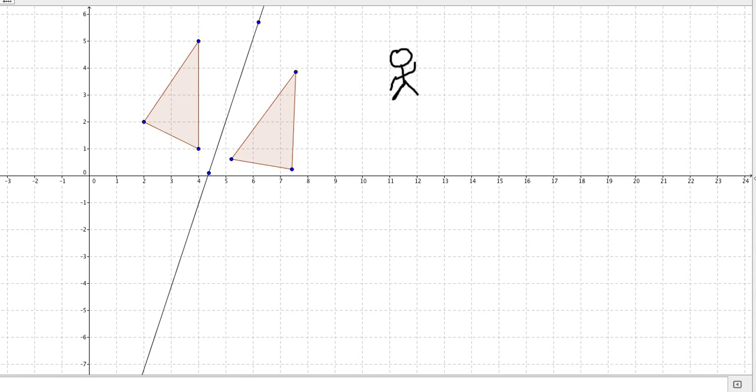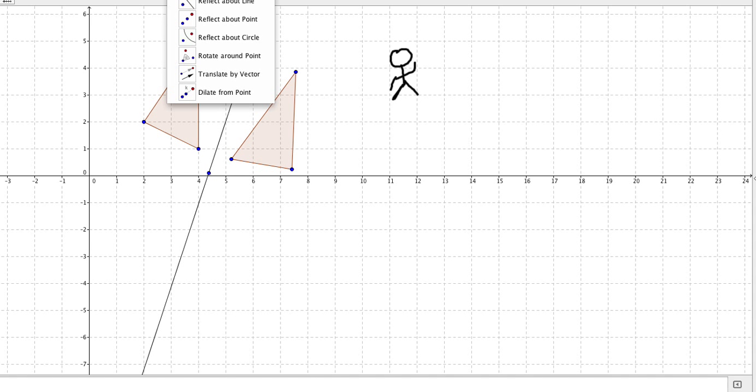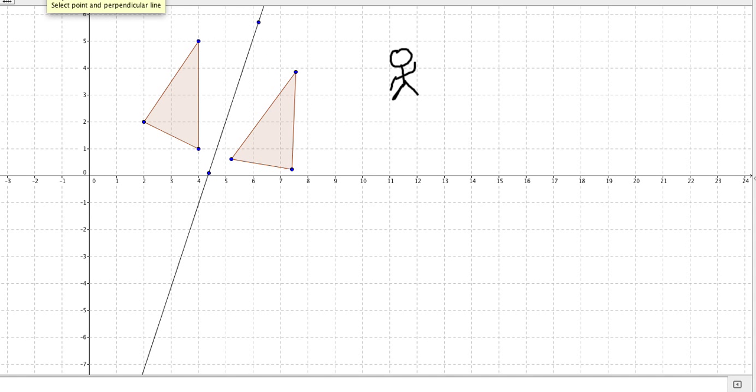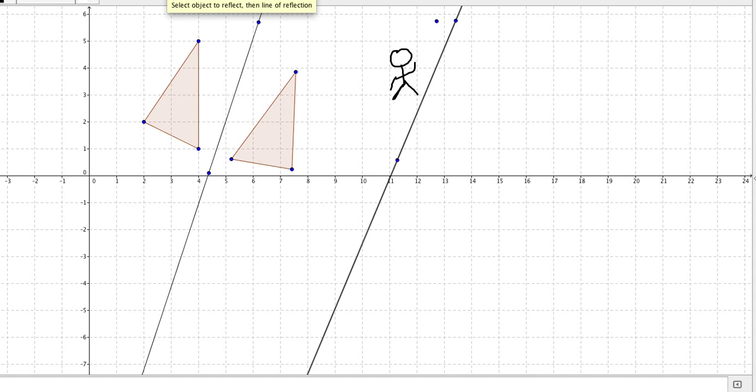Let's say this is the line that we want right there. So we want the mirror image of this stick figure over that line.